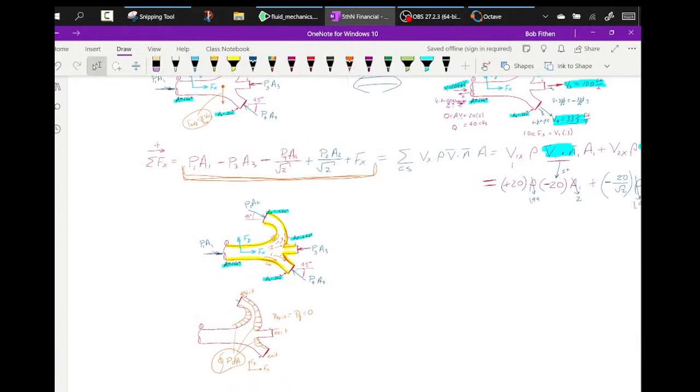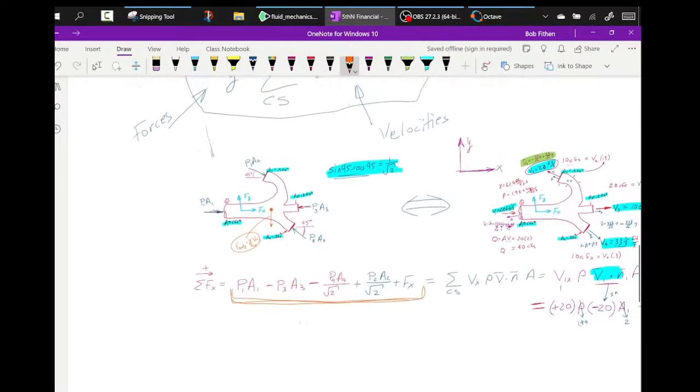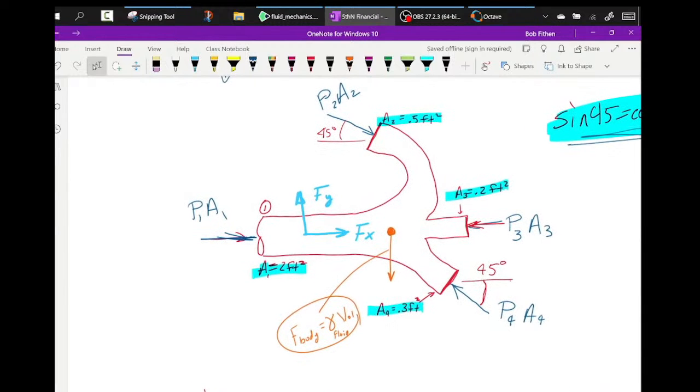So now, let's go in here and delete all that. Now, I never said anything about this, but let's make the assumption that these are all exits. In other words, P2, P3, and P4 are all at an exit. And let's just say P1 has to be a little higher to drive the fluid down here.